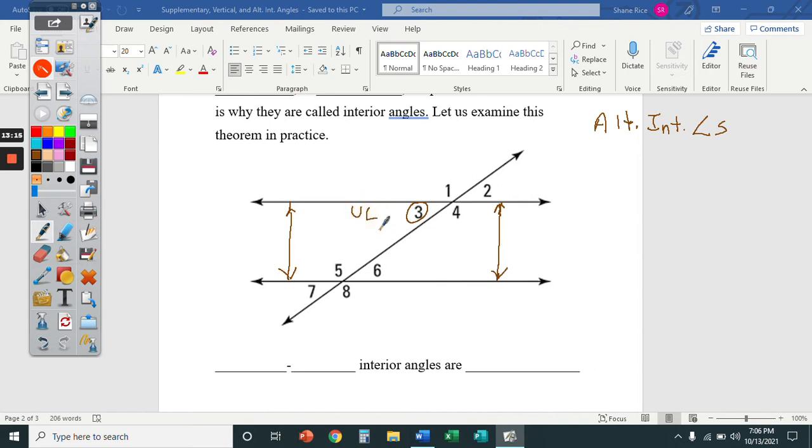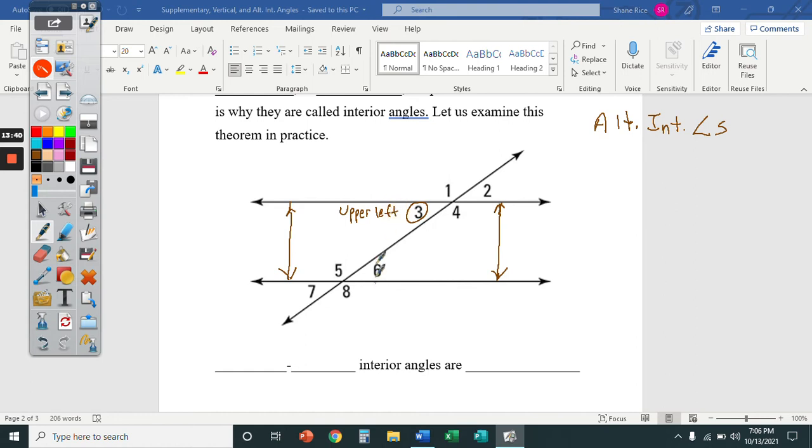So if I'm going to the opposite interior angle, well, 5 is not opposite. It's on the same side as 3. So it's not in the opposite position. So if I say upper left, let me write that out.